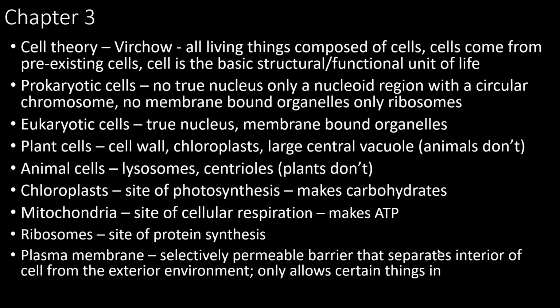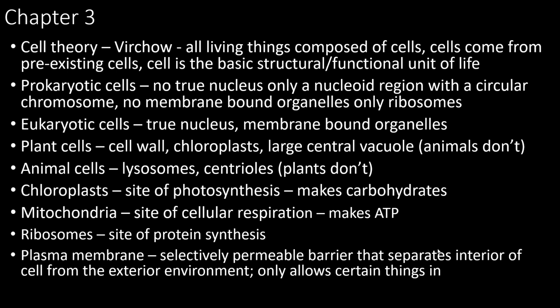All right, moving on to chapter 3. And guys, I know these slides have a lot of information on them, but the whole point is that you can review this stuff. The cell theory was developed by a scientist named Virchow. He said that all living things were composed of cells. There are 3 parts to this theory. All living things are composed of cells.